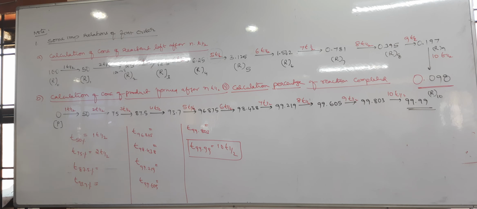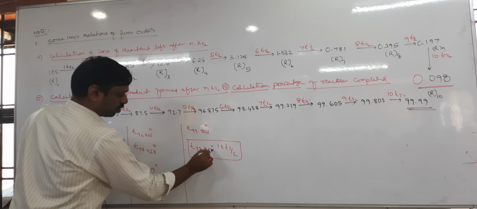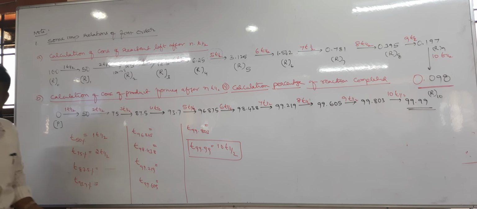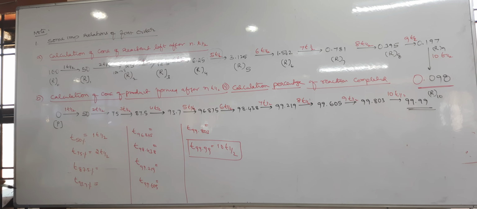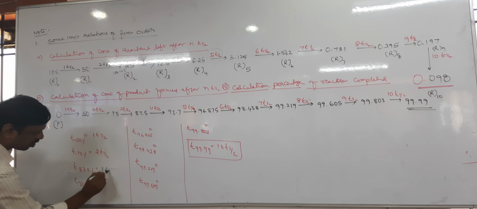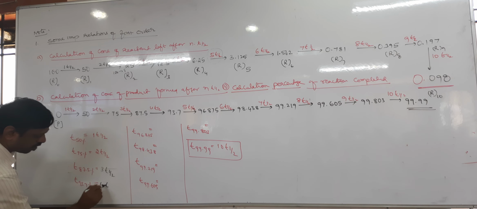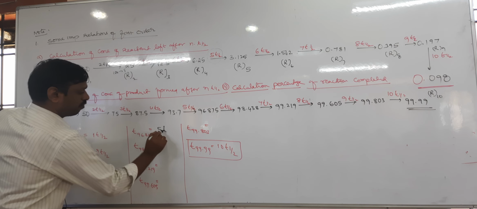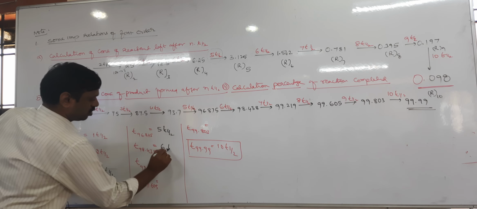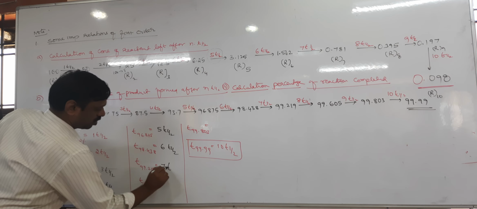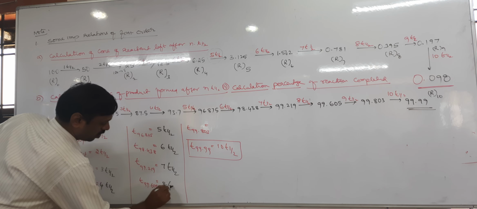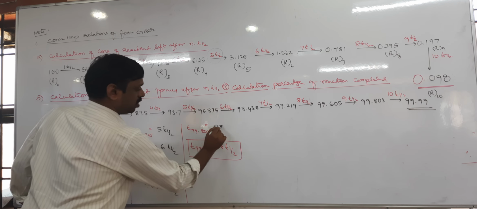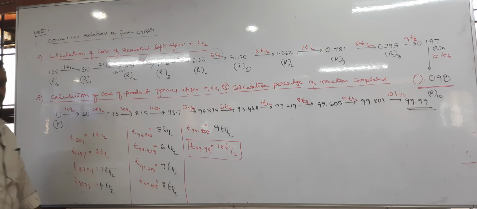So the time for 99.99% equals 10 t half required. It is how many t half? 3 t half, 4 t half, 5 t half, 6 t half, 7 t half, 8 t half, 9 t half.